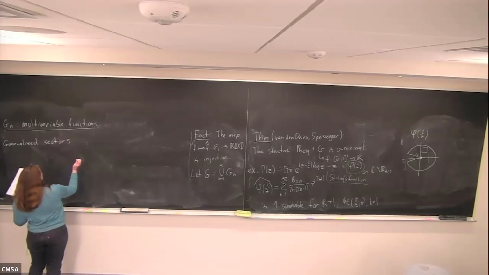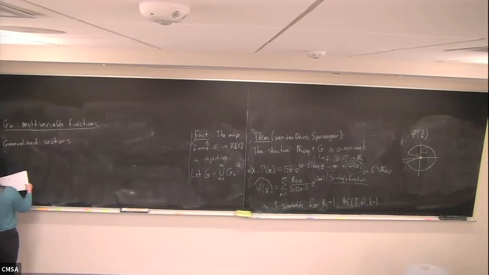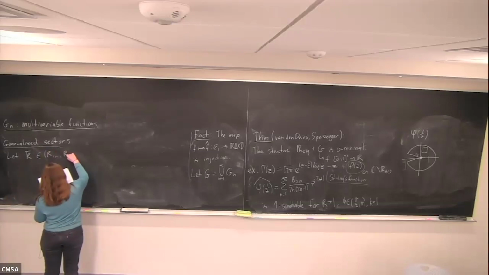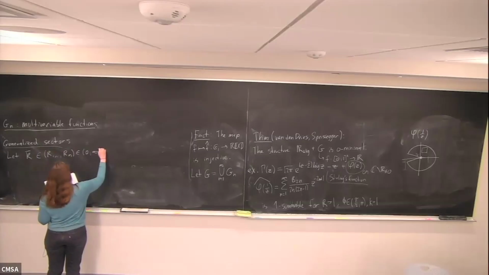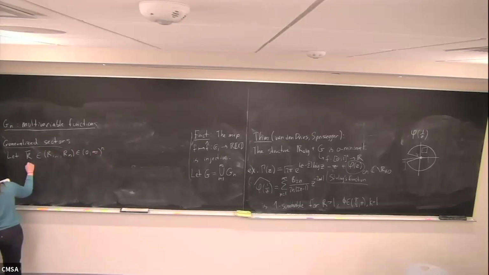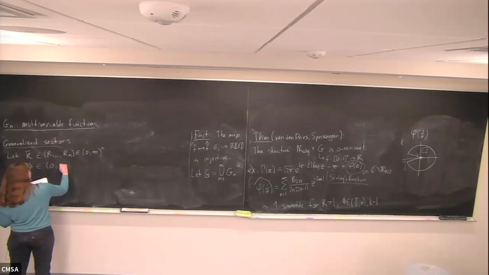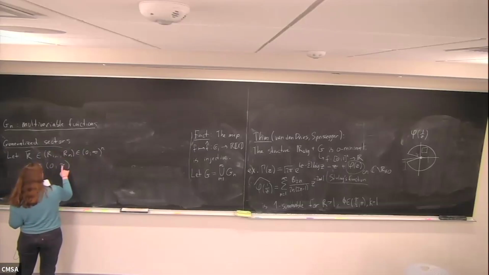There's some kind of generalization, generalized sectors. So let R be a polyradius, so a tuple of positive real numbers. Phi is still just going to be a single angle between 0 and pi.